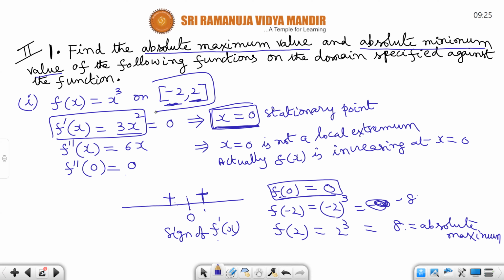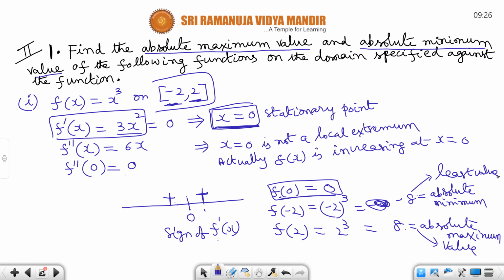What about minus 8? It is the absolute minimum. Absolute minimum is also called global minimum, or the least value of the function. That's all. This is the method.